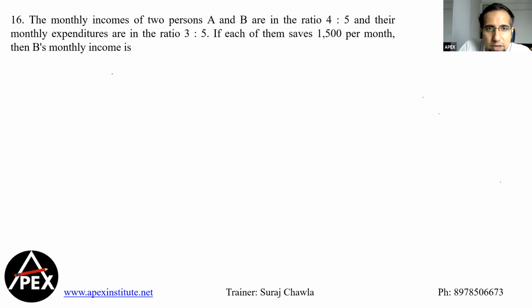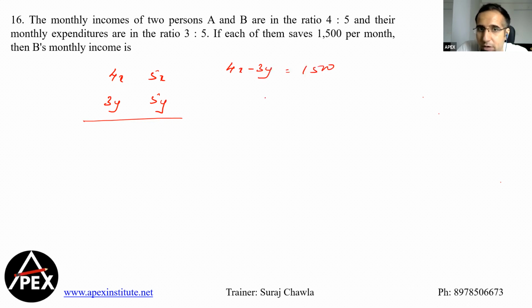This question says the incomes are 4x and 5x and the expenditures are 3y and 5y. Clear? Then all I'm talking about is that the savings are income minus expenditure. So this guy has 4x minus 3y is equal to 1500, and this guy says 5x minus 5y is equal to 1500.